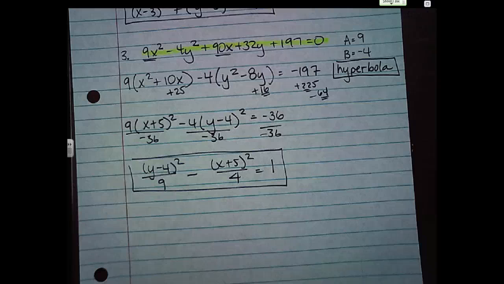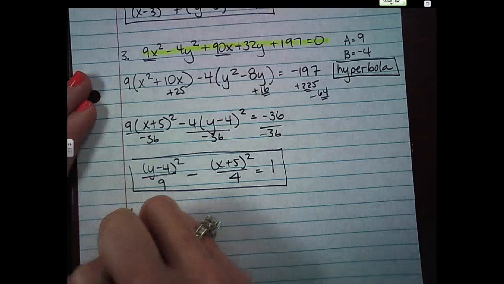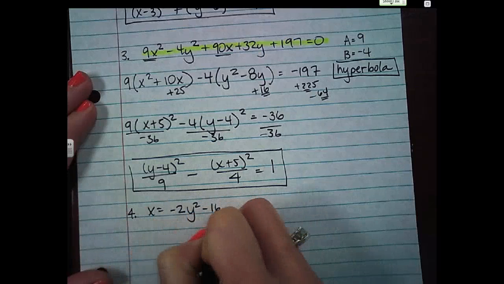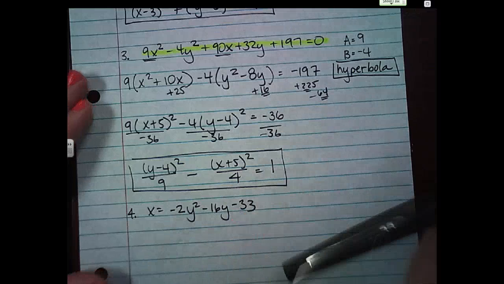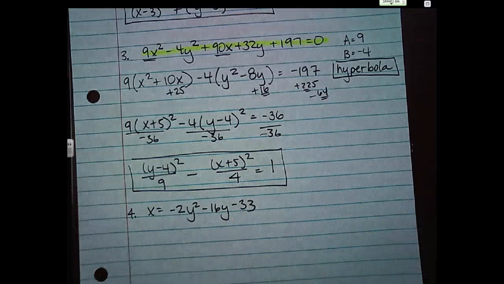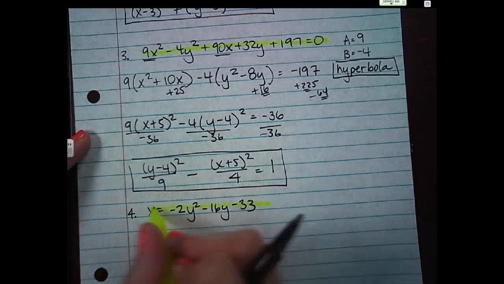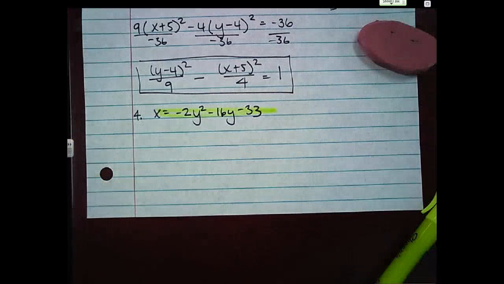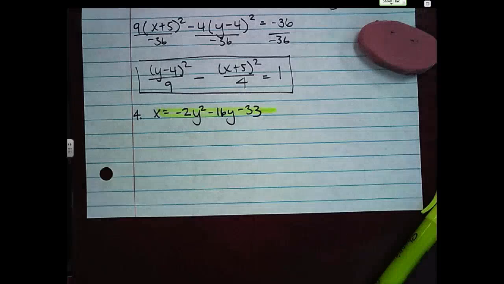Okay, and one last problem. x equals negative 2y squared minus 16y minus 33. I think this one's almost, I mean, you just know what it is. It looks different than all the rest of them, doesn't it? What shape is this just by glancing at it?